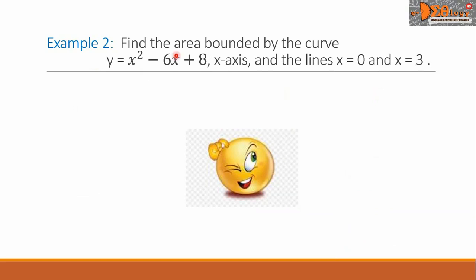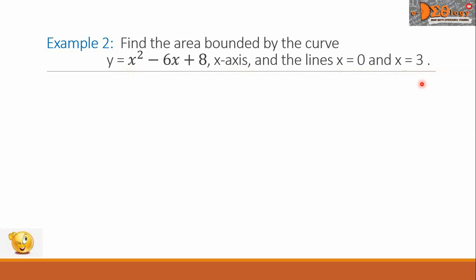Example 2. Find the area bounded by the curve y equals x squared minus 6x plus 8, x-axis, and the lines x equals 0 and x equals 3. First, we write the area formula.